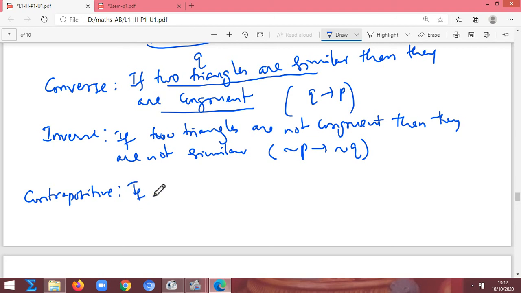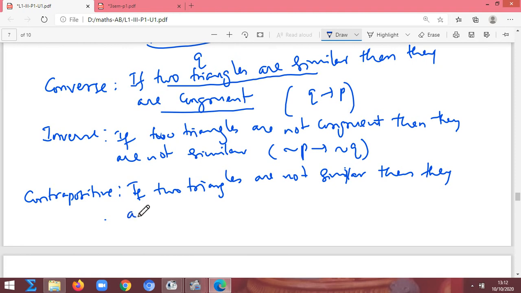So, if two triangles are not similar, because first we have to put a Q here, similar, then they are not congruent. So, that is negation of Q implies negation of P.